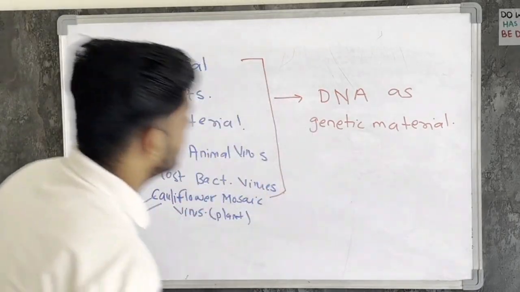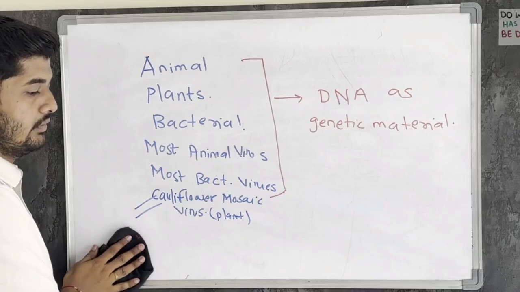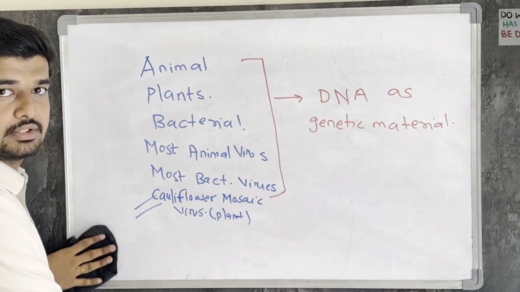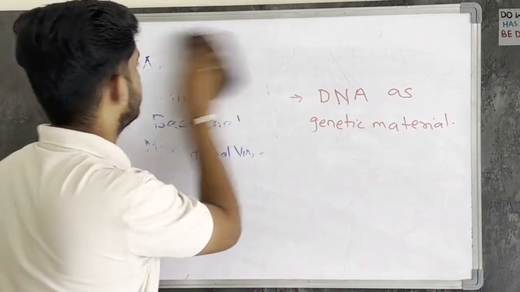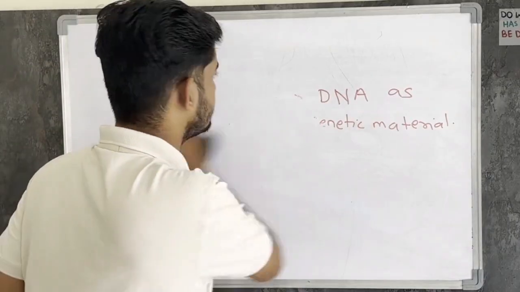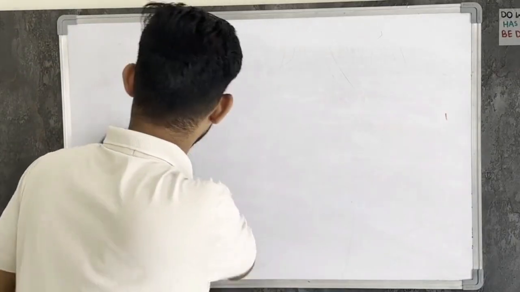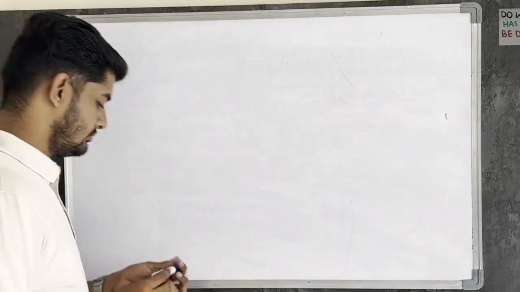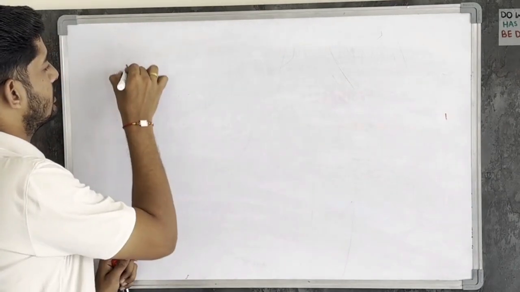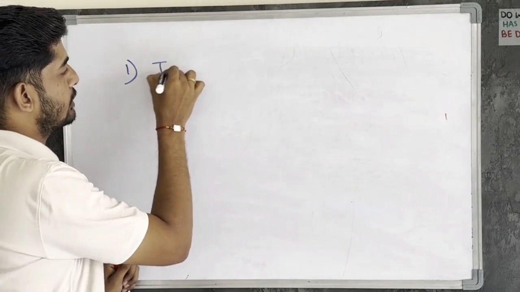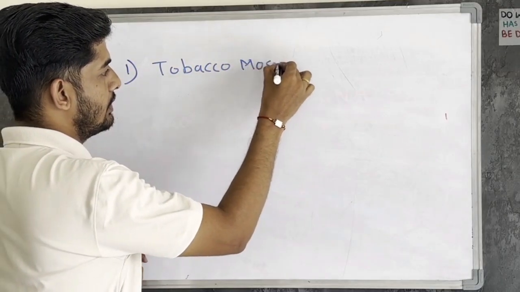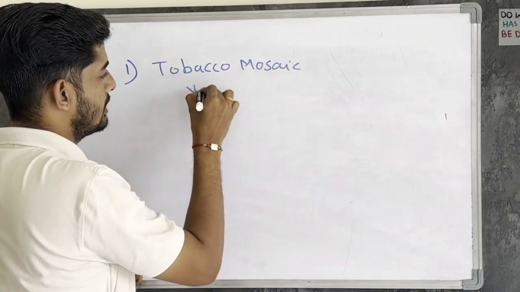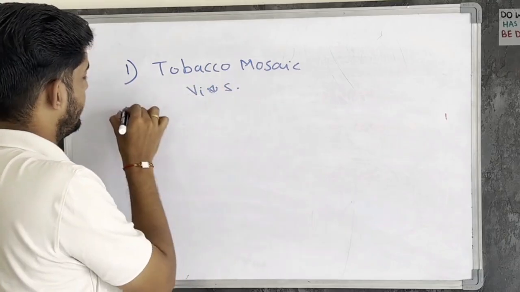Now there are some organisms which have RNA as their genetic material. Now we will see the organisms that have RNA as their genetic material. The first organism is the tobacco mosaic virus.